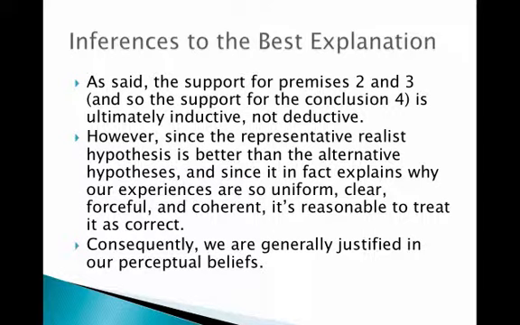But since the representative realist hypothesis is still better than the alternative hypotheses, and it in fact explains why our experiences are so uniform, clear, forceful, and coherent, because our sensory ideas are, again, caused by and resemble the physical object, it's reasonable that it's the correct theory. So then we're generally justified in our perceptual beliefs. If you believe there's a cat in front of you because you have a sensory idea of a cat, you're justified in believing that. You could say you know it.